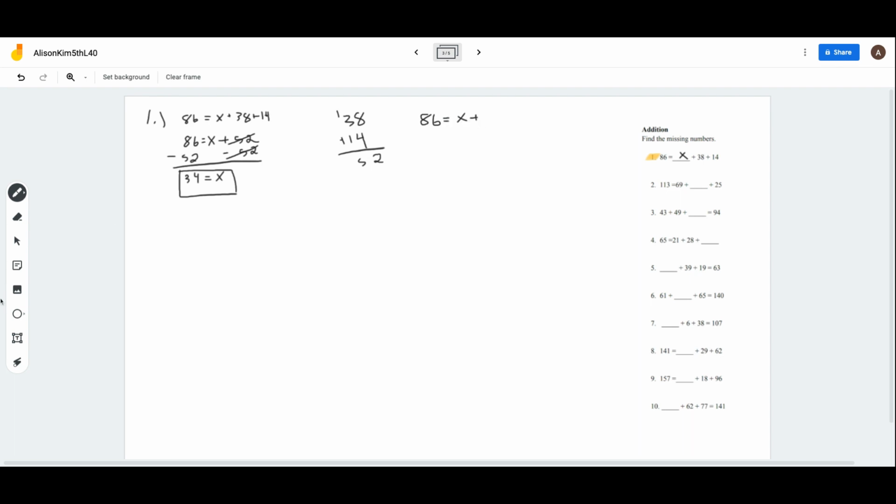Oops, I'm sorry, I was supposed to plug in 34. So we have 34 plus 52. And when we add 34 and 52, it should give us 86, and it does. So it equals 86, and so 34 is the correct answer.